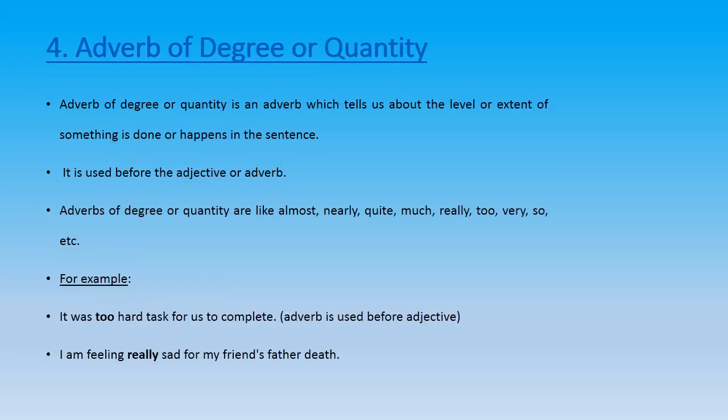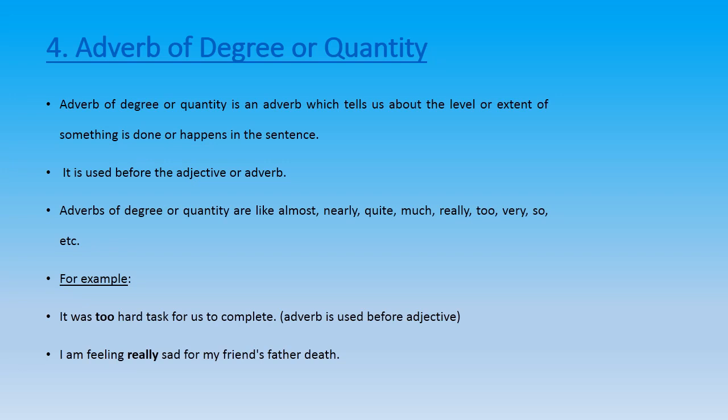Adverb of degree or quantity. The fourth type of adverb is adverb of degree or quantity, and this adverb tells us about the level or extent of something that is done or happens in the sentence. It is used before the adjective or adverb. Adverbs of degree or quantity are like almost, nearly, quite, much, really, too, very, and so.